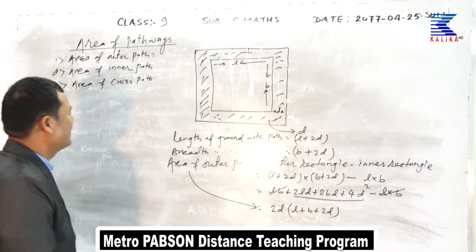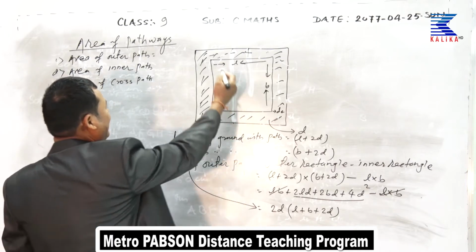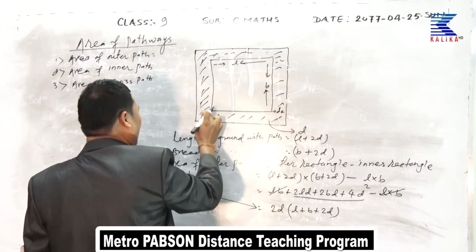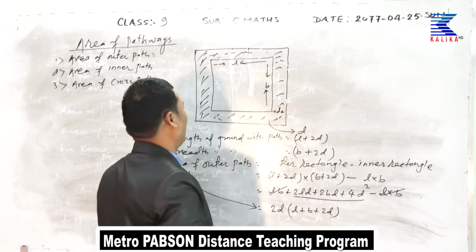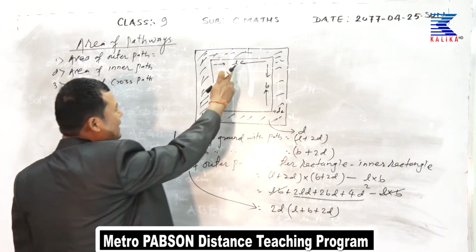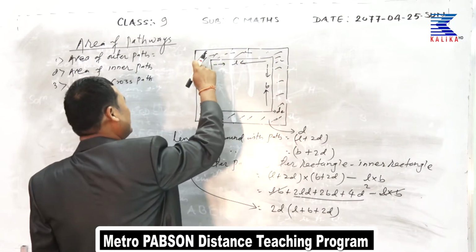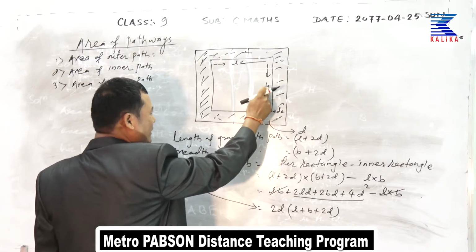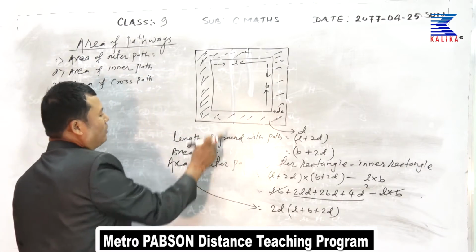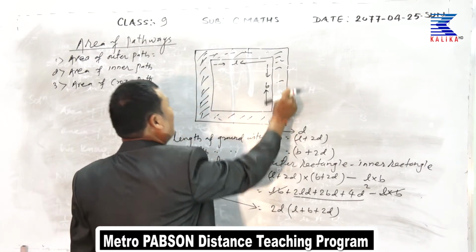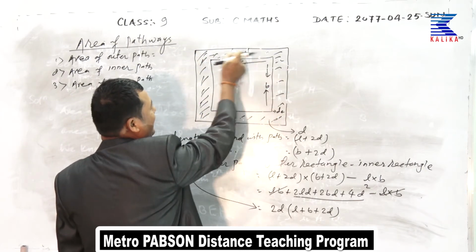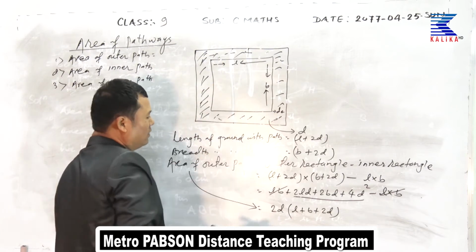Dear students, clear everybody? It is the length of the ground and it is the outer path. If you find the area of the outer path, then the total length of the ground with path is L plus D plus D and breadth is B plus D plus D. So, outer rectangle or big rectangle minus small rectangle, because it is the shaded part, area of the shaded part or area of the outer path.